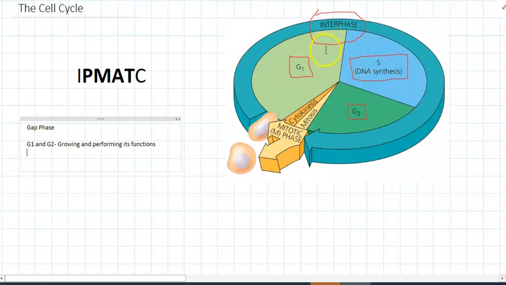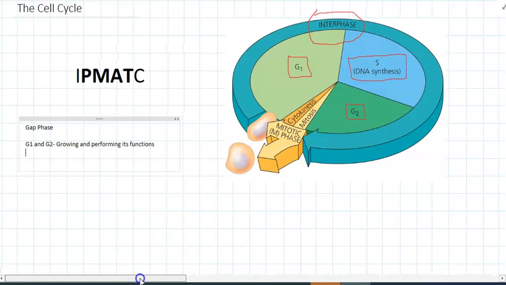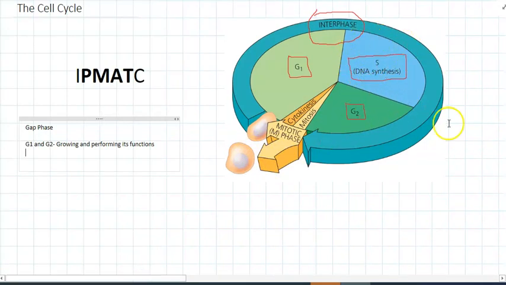So after the first G phase, we get into the S phase, which stands for synthesis. And that means the cell is copying its DNA. So obviously, to divide a cell, there needs to be two copies of every chromosome. And that's what happens in the synthesis phase. We'll get to that in a second.